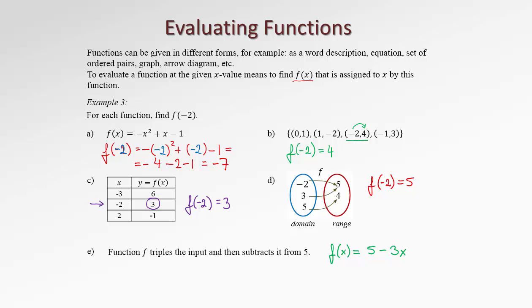And now, since we already have the formula for the function, it's easy to evaluate f at -2 just by replacing x by -2. So we have 5, and then we multiply negative times negative numbers, so it's +6. Therefore, altogether, we've got 11. f of -2 is equal to 11.